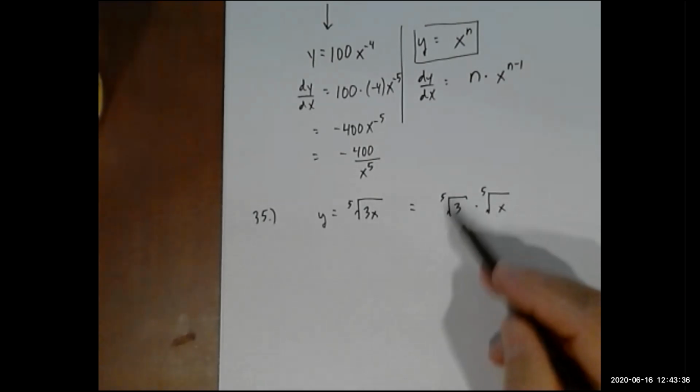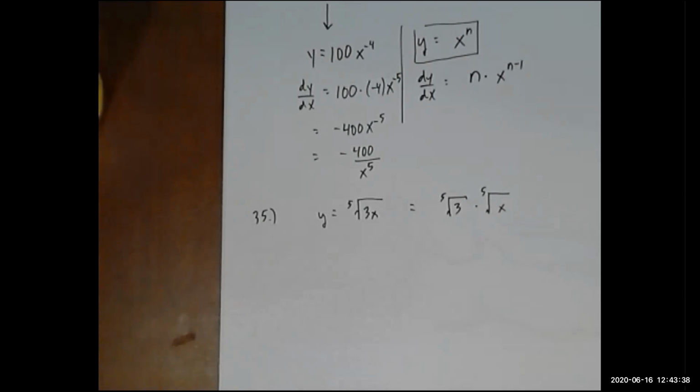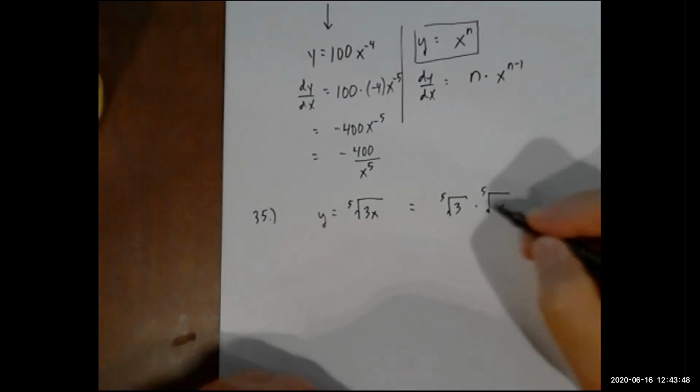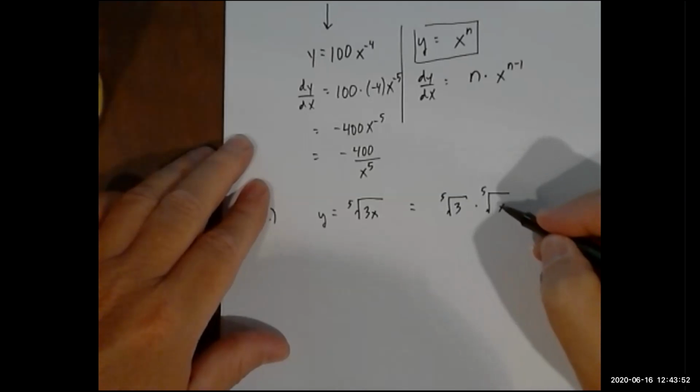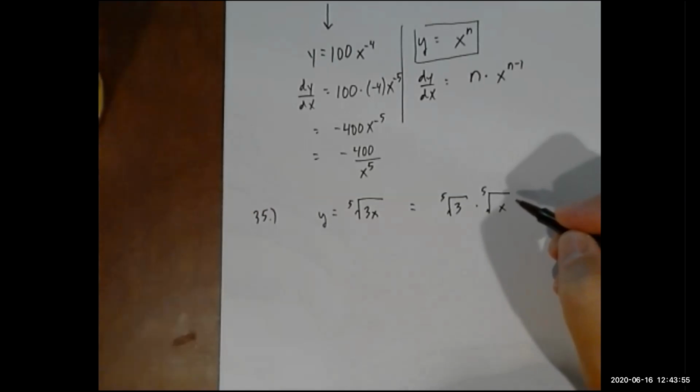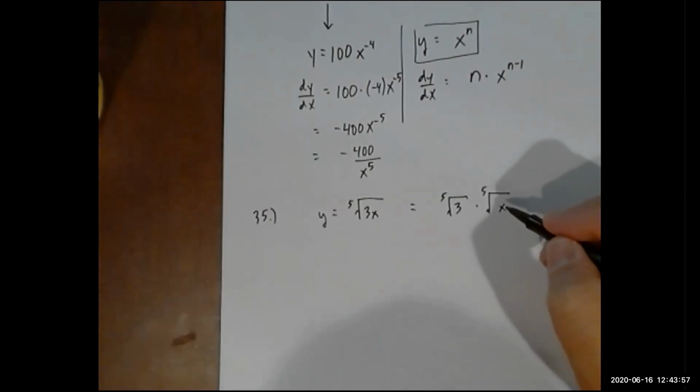So this here is just like a constant. It's a number. If you wanted to find out the decimal, you'd have to go grab a calculator, but I don't really care. I'll leave it like that. What I really care about now is this right here. I want to take the derivative of this 5th root of x, but I can't really apply the power rule.